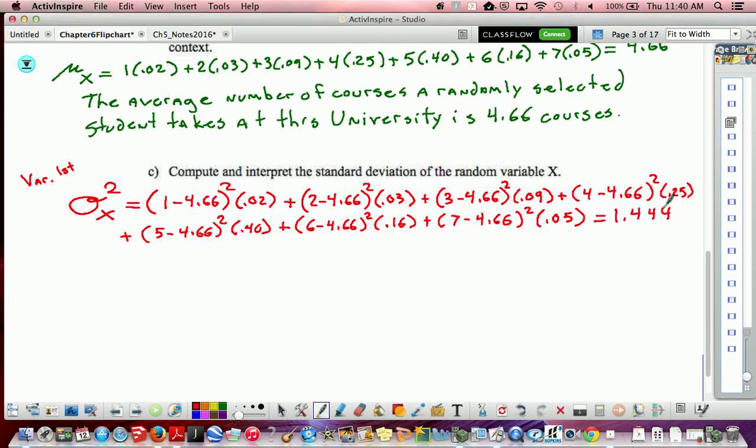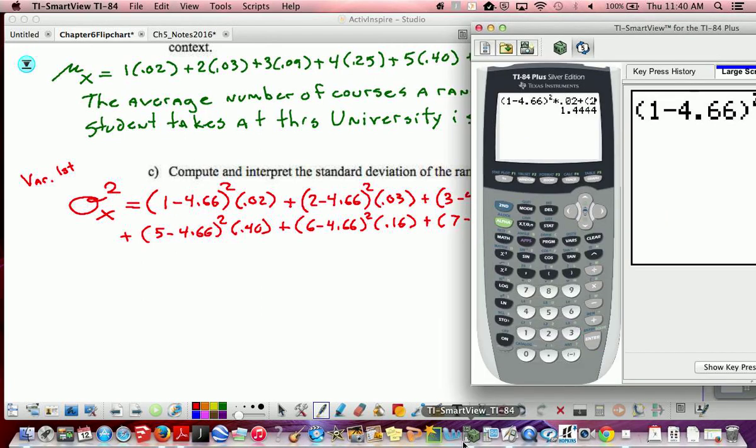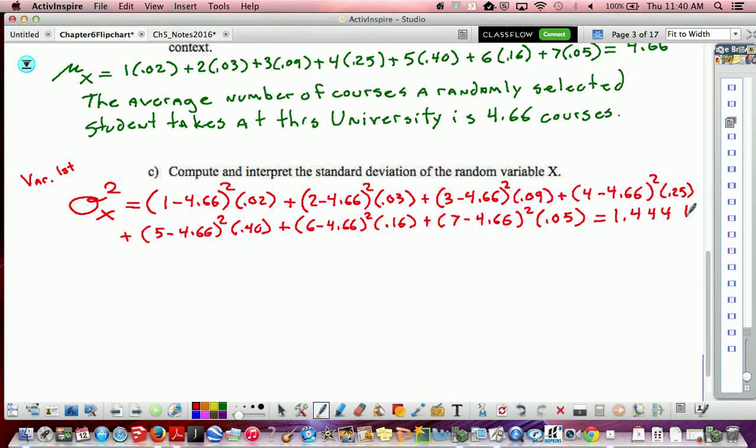Is that our standard deviation? No, that's our variance. So right now my variance is 1.4444, but I want the standard deviation, so square root both sides.